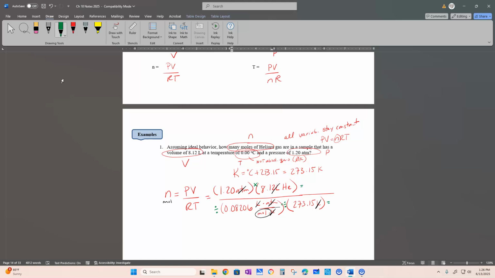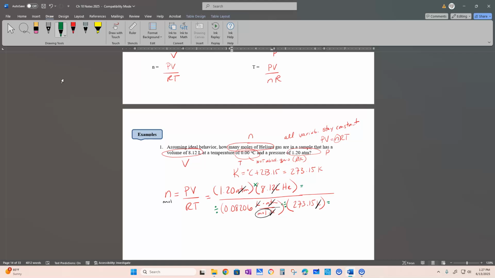So let's all plug it in together. So 1.2 times 8.12, and then divide 0.08206, and then divide 273. And let's see if you get what I get.